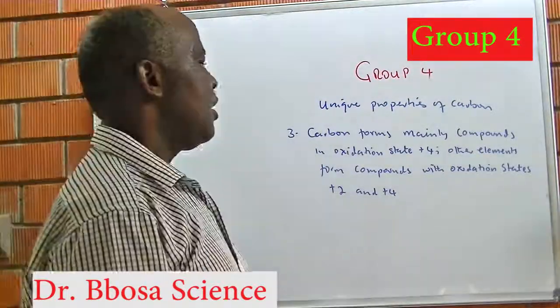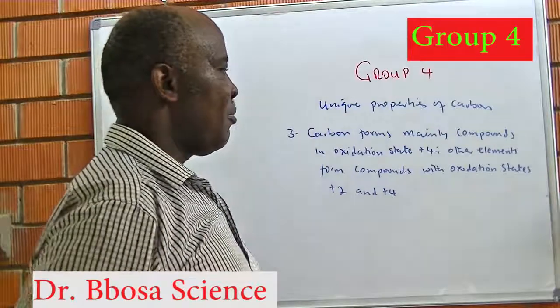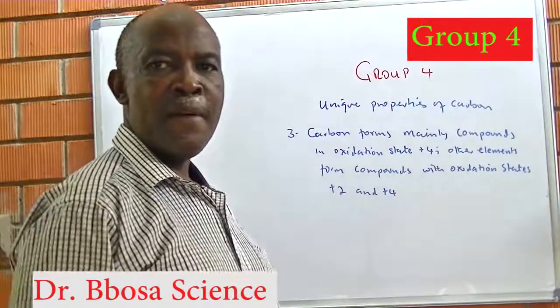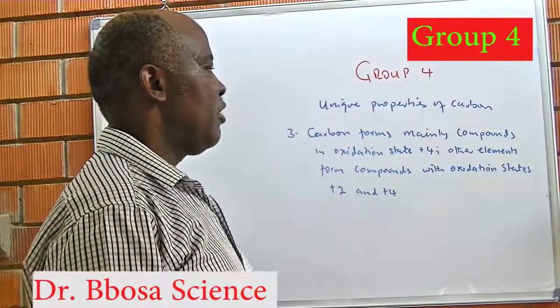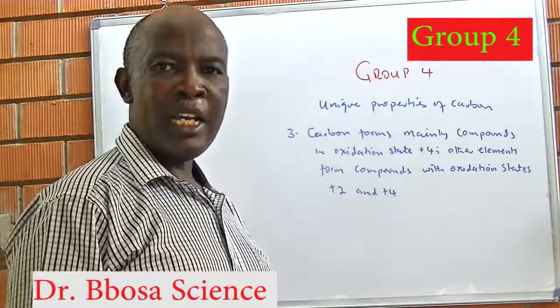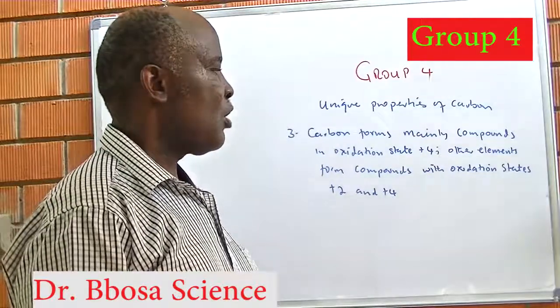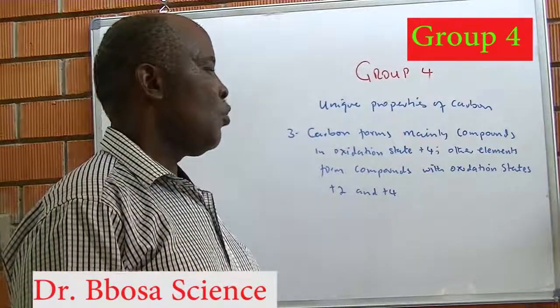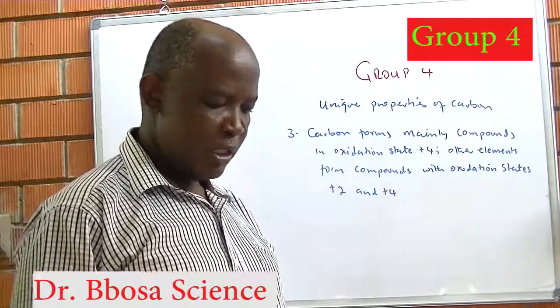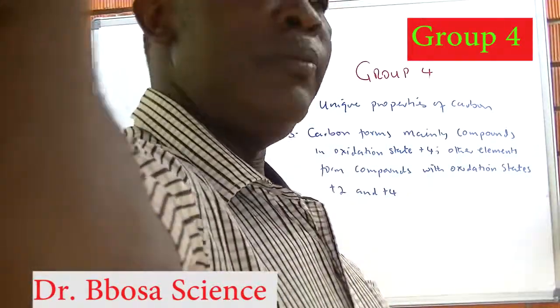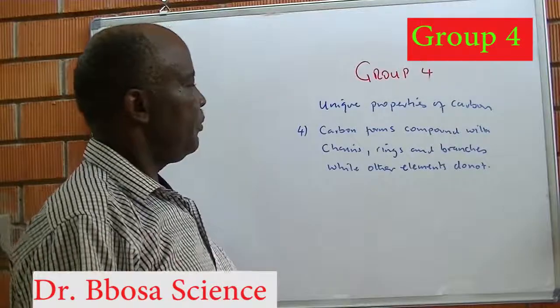3. Carbon forms compounds mainly in oxidation state +4. Other elements form compounds with oxidation states +2 and +4. 4.